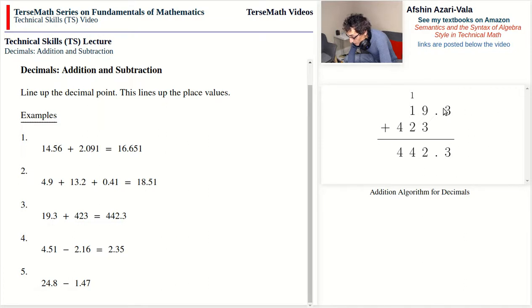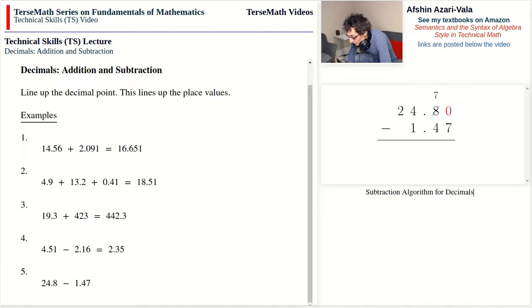However, if the 3 is down here, if the digit that we have that's not 0 is down here, then it should be subtracted from something from the top. And that's the problem that we had with this image. Okay, so here I have to subtract 7 from something on the top, and because there is nothing there, I can add a 0, and then we have 7 from 0, and we cannot do that, so we borrow from 8.